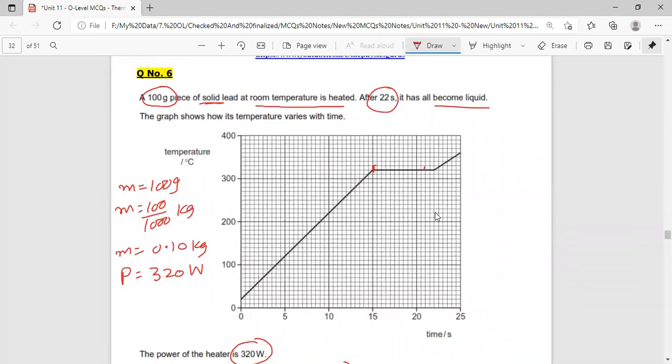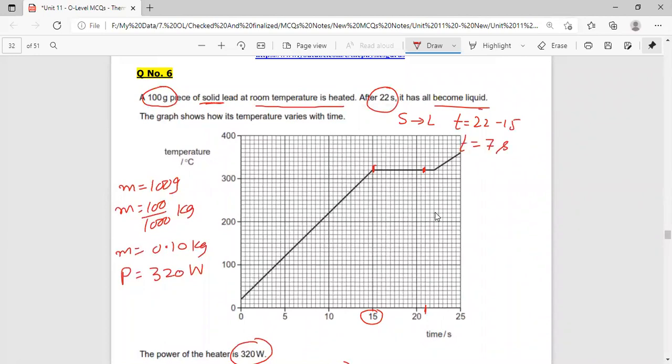At 22 seconds, it was completely turned into liquid. Solid was turned into liquid after 22 seconds, and it started at 15 seconds. So t is equal to 22 minus 15, which is equal to 7 seconds.